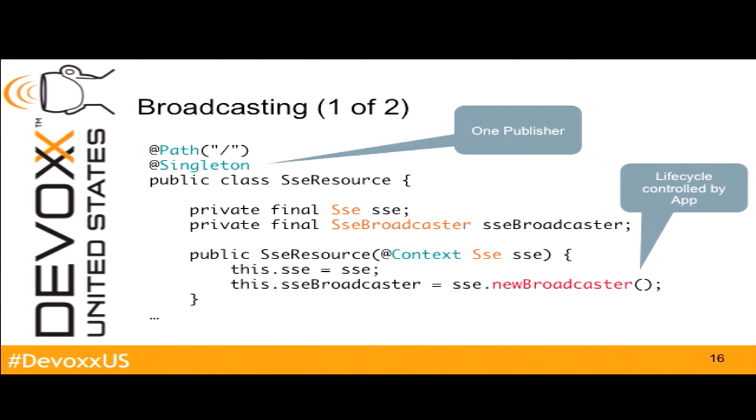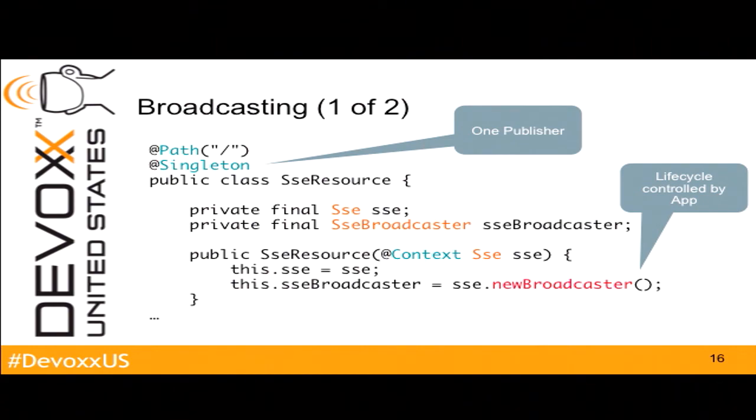The one interesting thing to notice here is that even though the lifecycle of Sse and SseEventSink are managed by the JAX-RS runtime, the broadcaster is not managed by the runtime. So it's up to the application to create it and use it. And that's important. You'll see when you look at some of the examples.